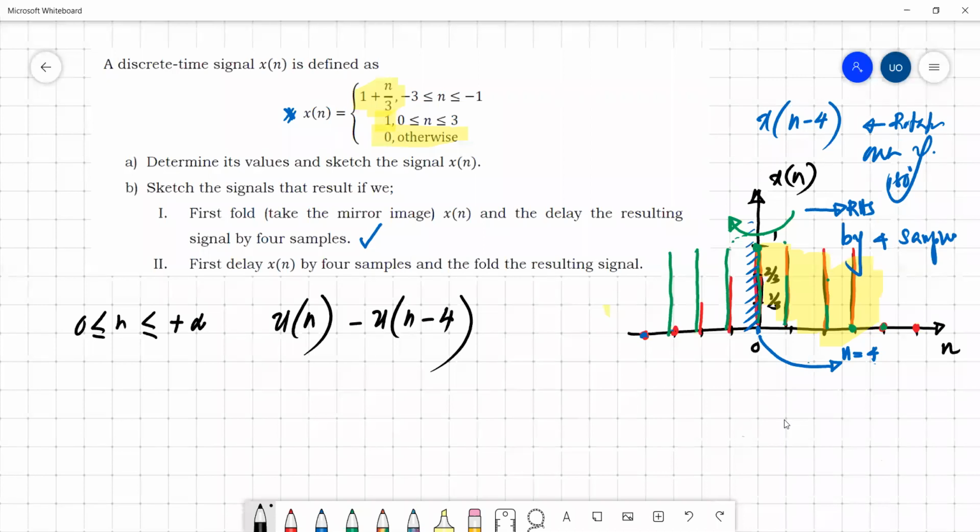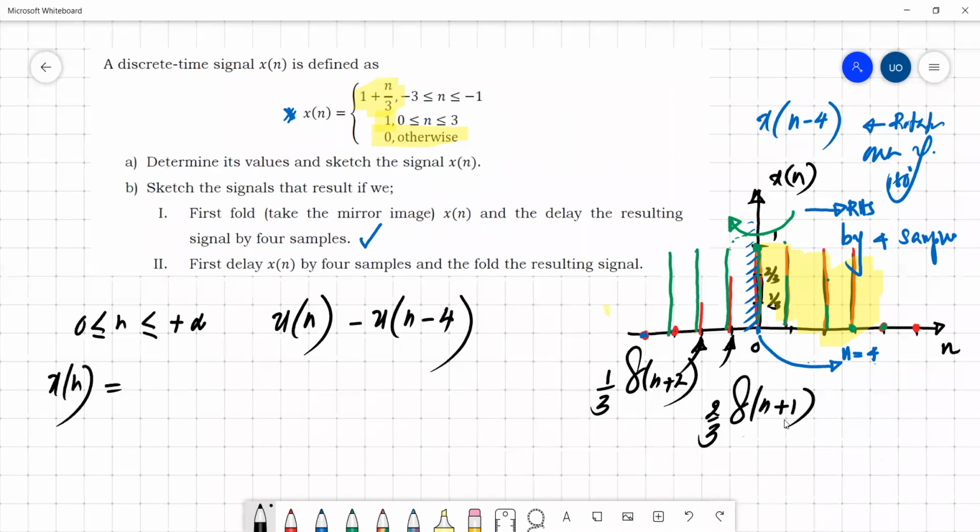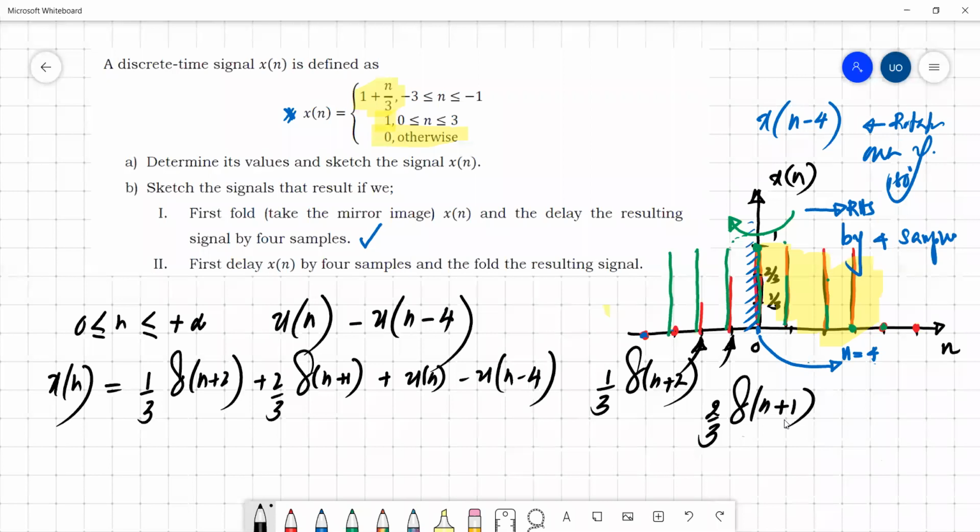Then you can represent the sample at n equals minus 1 as 2/3 delta[n plus 1], and this is like 1/3 delta[n plus 2]. So then x[n] can be represented as 1/3 delta[n plus 2] plus 2/3 delta[n plus 1] plus u[n] minus u[n minus 4].